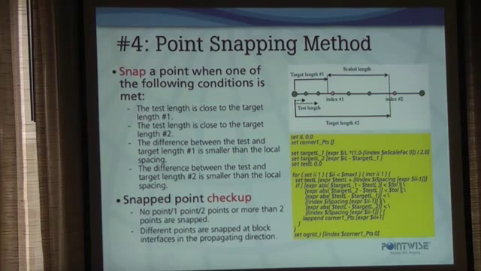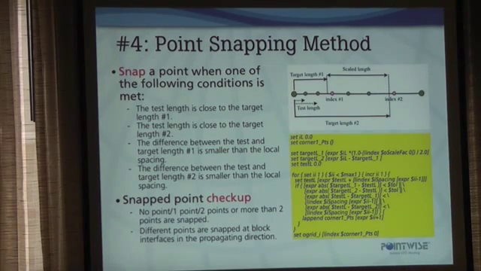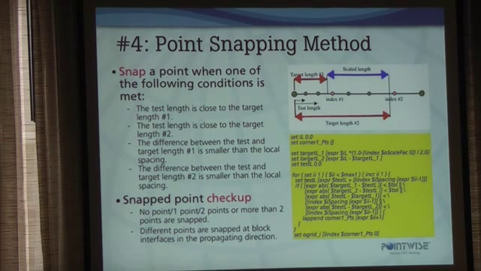Once you calculate the scaled length, you will find 2 target lengths that determine the ideal location for the 2 points. But in most cases, you don't have 2 points sitting right on the ideal locations. What you have are points very close to the locations, so you have to snap the points and figure out which one is the closest, moving around a little bit like that.